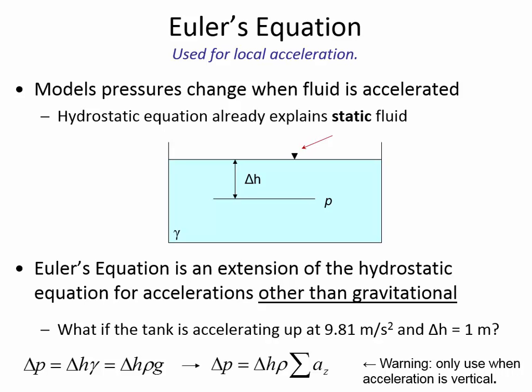And so here, there's a pressure just due to the static conditions, and that's really because of Earth's gravity. But when you're accelerating up at 9.81 meters per second squared, it's going to have double the effect as you move downward 1 meter through the fluid. Then the pressure increase is twice what it would have been if it was stationary. So the sum of the acceleration in z is g plus this additional 9.81 meters per second squared.